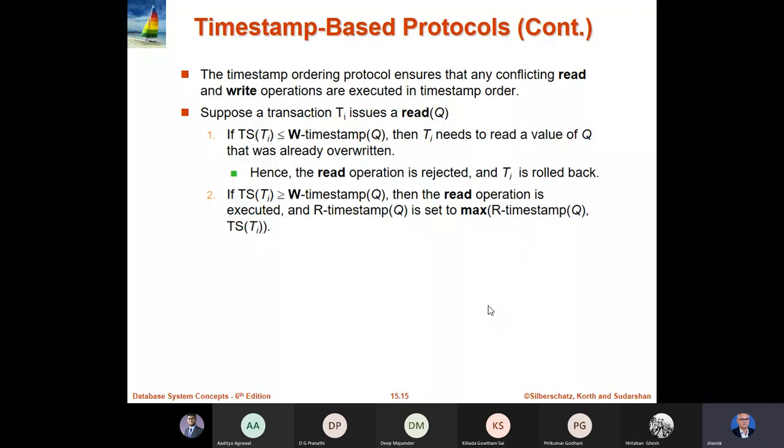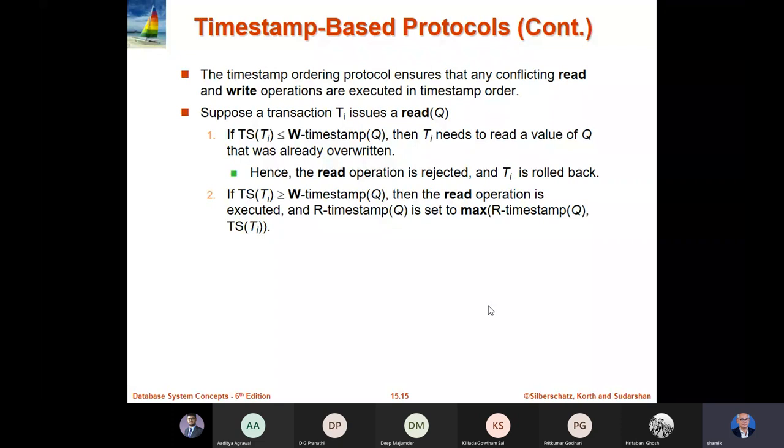So for example, say the transaction Ti is trying to read Q, and Ti has a timestamp of say 10:30, but we find that the write timestamp of Q is say 10:35, maybe some transaction T10 already wrote it. That means T10, mind you, is always going to come later in the equivalent serial schedule.